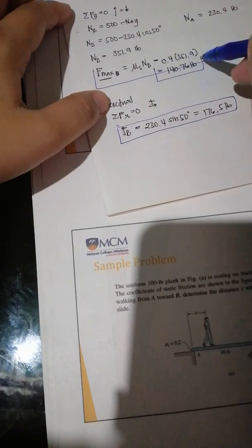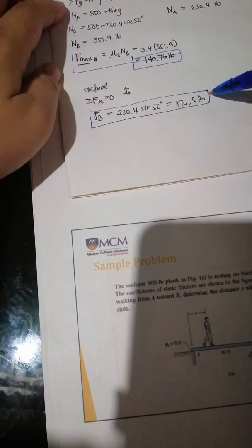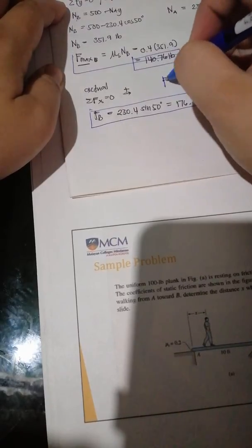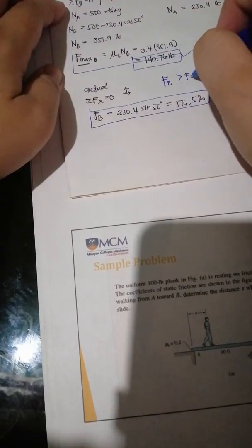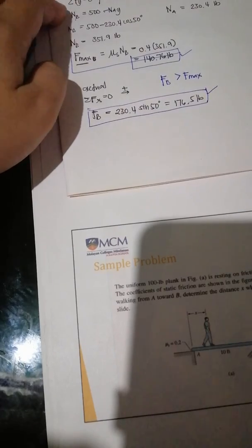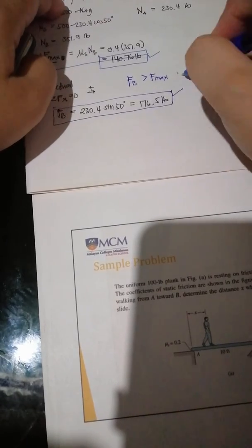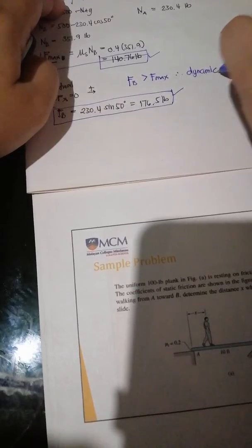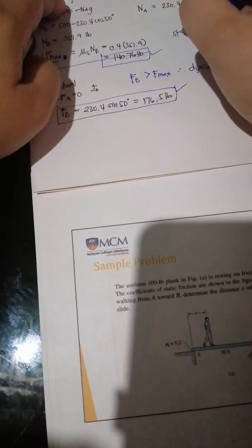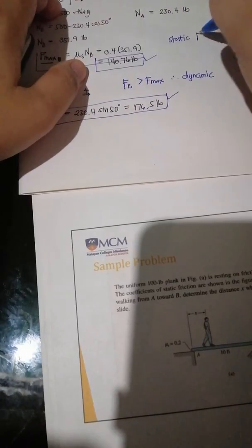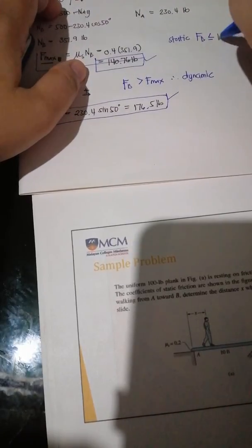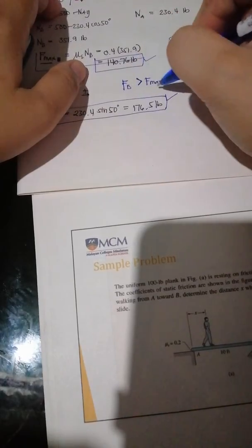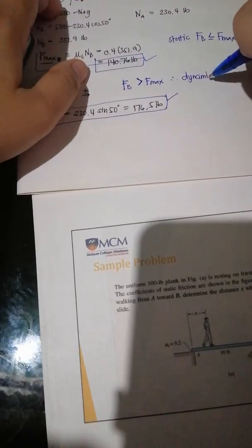Let's compare. Which is bigger, the actual or the maximum? The actual is bigger than the maximum. What's the meaning of this? It means that it is dynamic. It's no longer static, because static requires the actual to be less than or equal to the maximum. Now the actual is greater than the maximum, so it is dynamic.